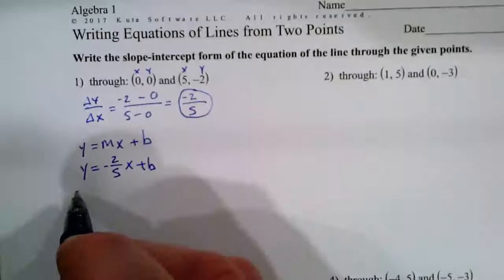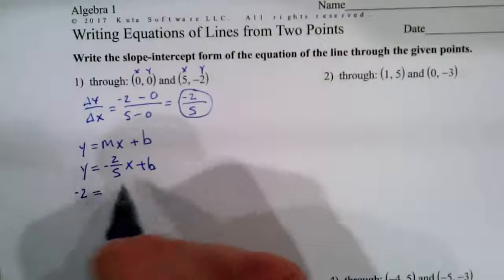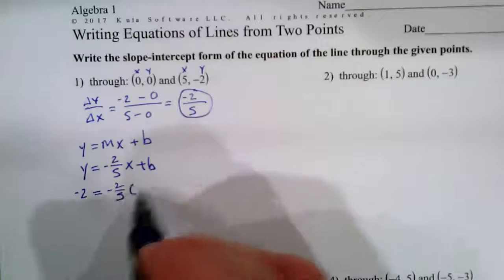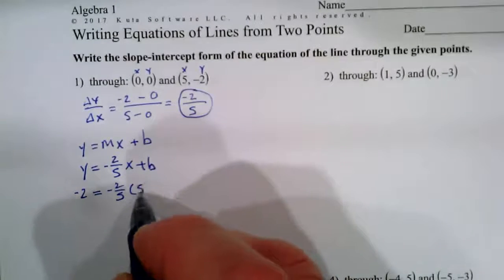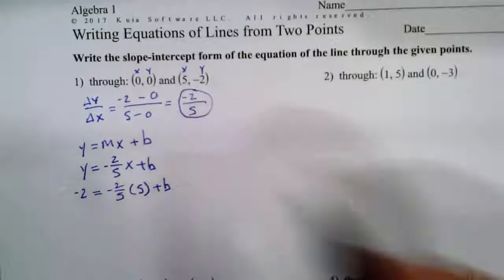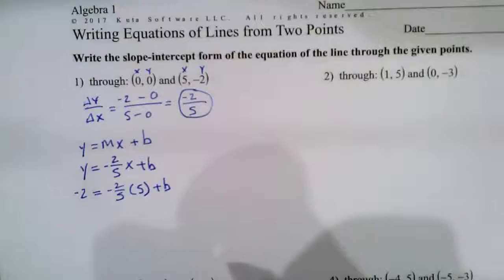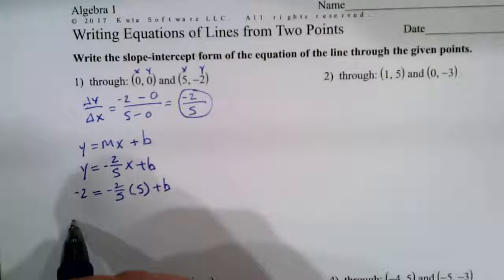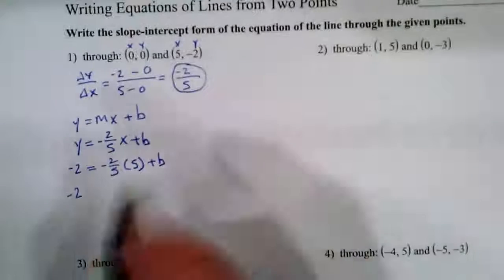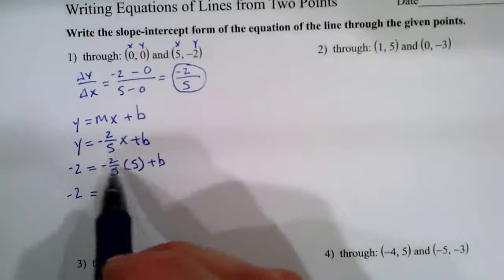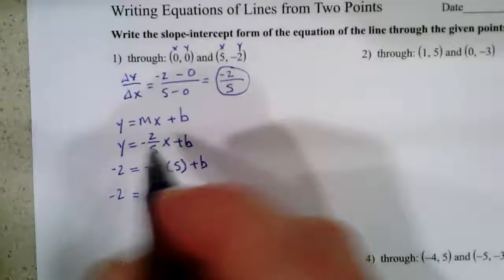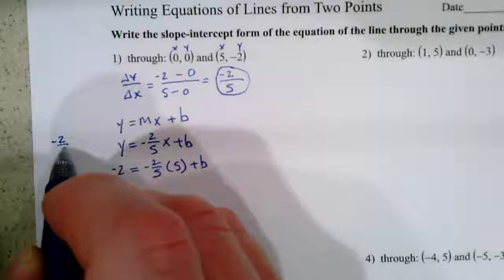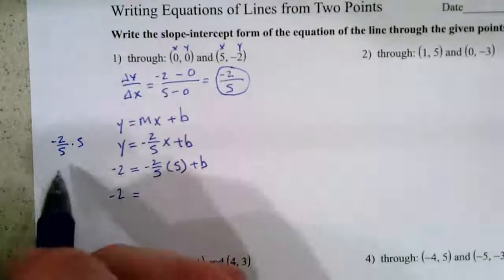So we'll substitute -2 for y, going to substitute 5 for x, plus b. Let's see, -2 equals, so -2/5 times 5, just a little bit of work over here on the side, -2/5 times 5.